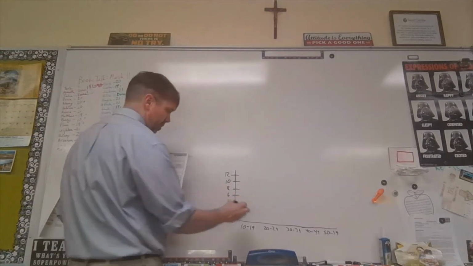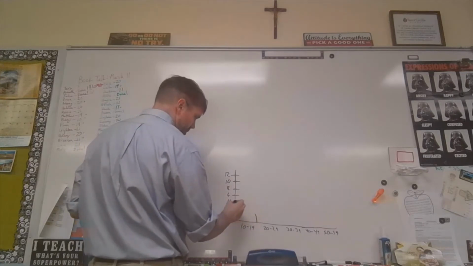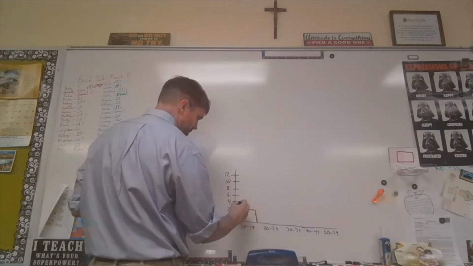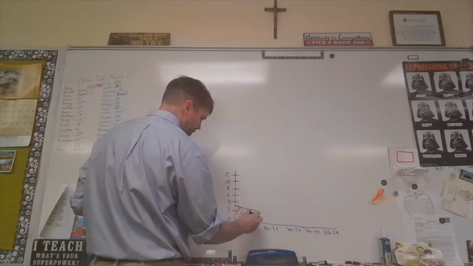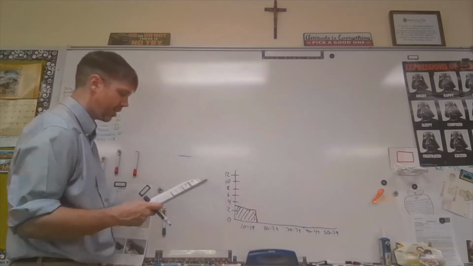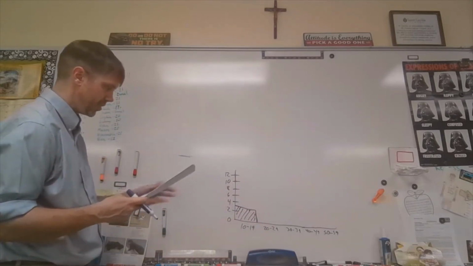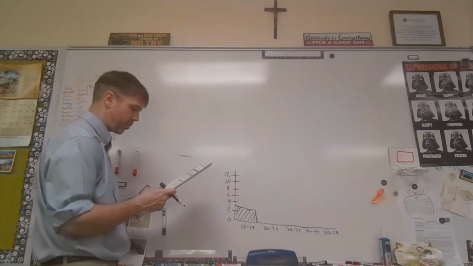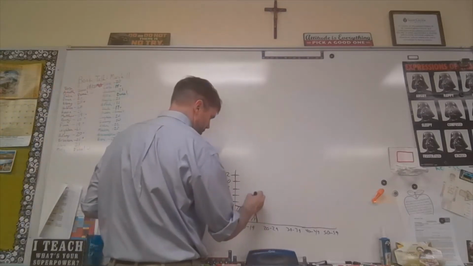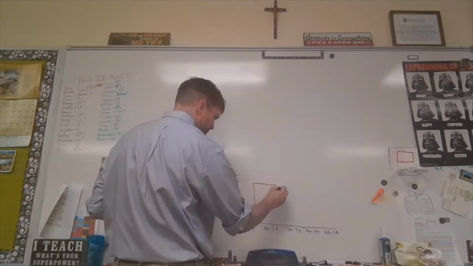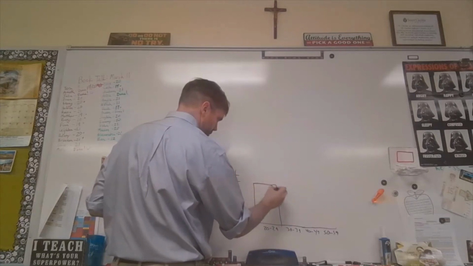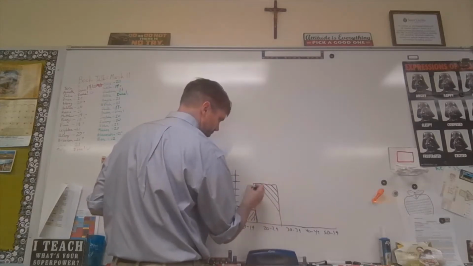Then all you do is you make bars that go up however many the thing is supposed to be. For the first one, 10 to 19, there were 3 people that fell into that group, and so that's your first bar. For 20 to 29, there were 10 people, so you would go all the way up to 10 and then over. We'll do this one with lines going this way, so it's a little bit different.